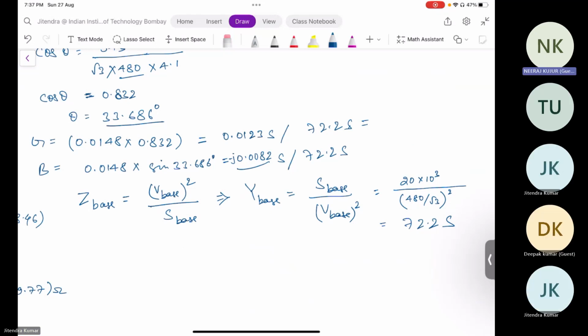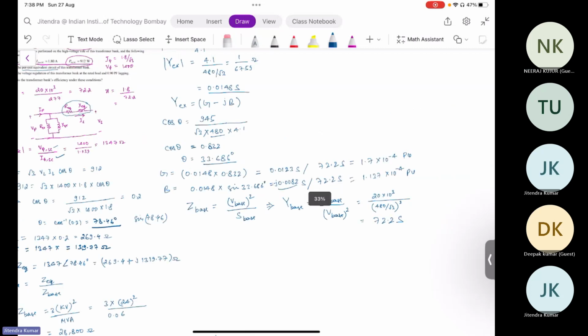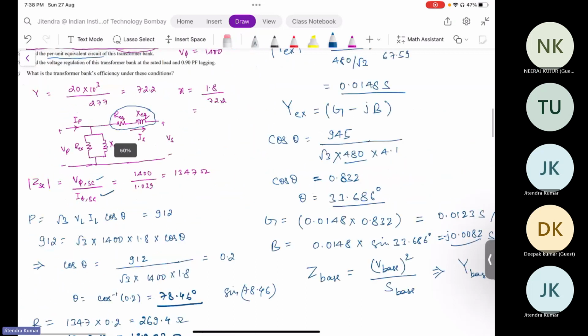So G per unit is 1.7 into 10 to the power minus 4, and B per unit is 1.1357 into 10 to the power minus 4. Okay, thank you for calculating. So we are done with parallel parameters as well, right?